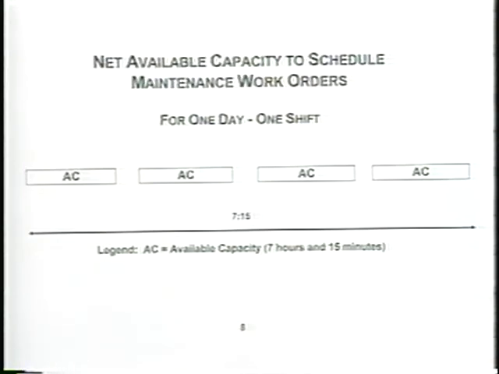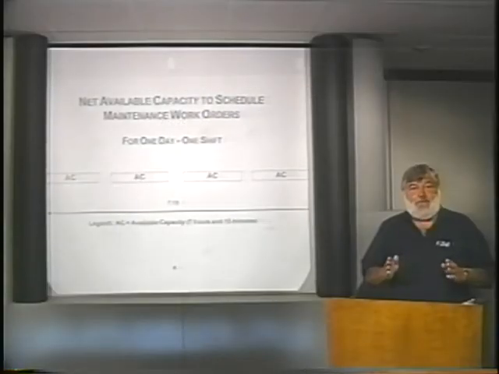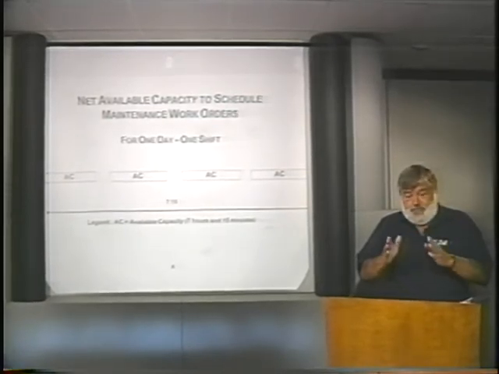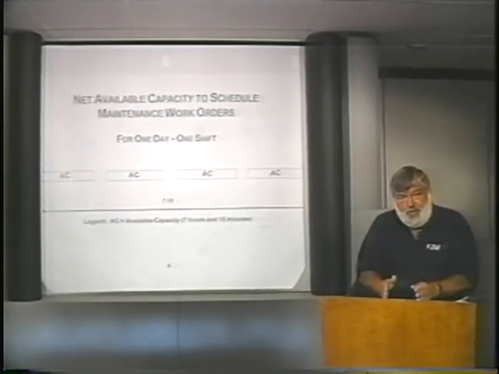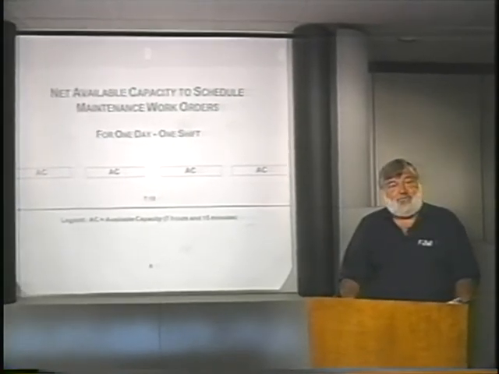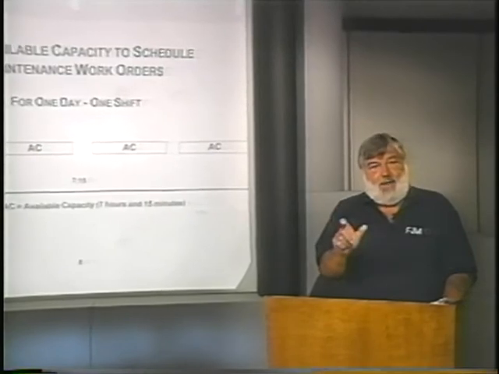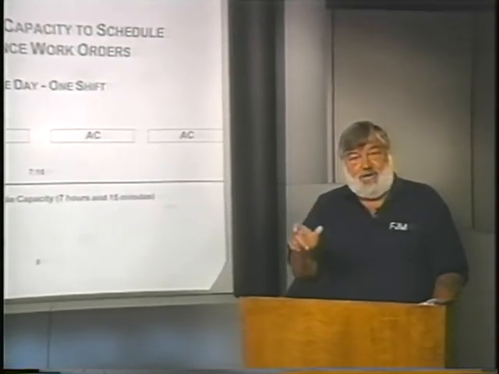Now, from a planning and scheduling standpoint, what the planner, scheduler should do is to superimpose upon these time elements the work order time element or work orders time elements to try and fill the 7 hours and 15 minutes to the planner, scheduler's capability.